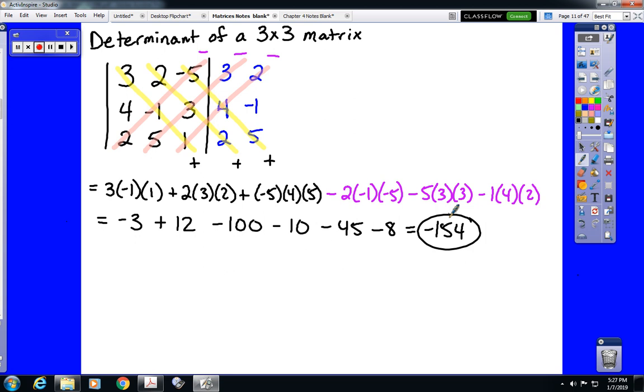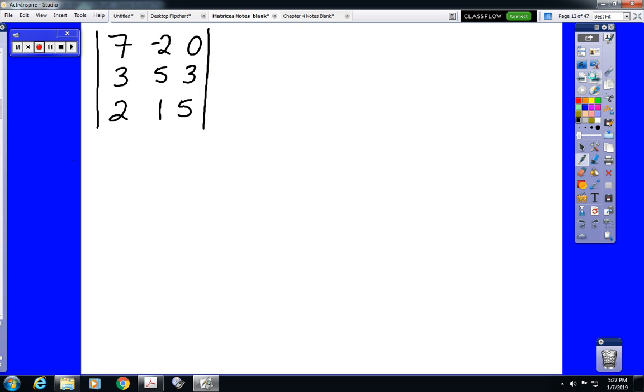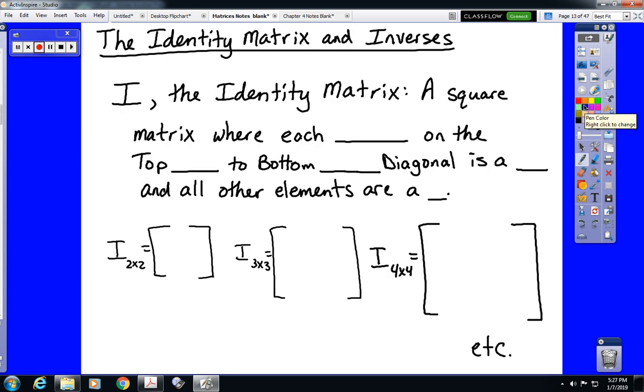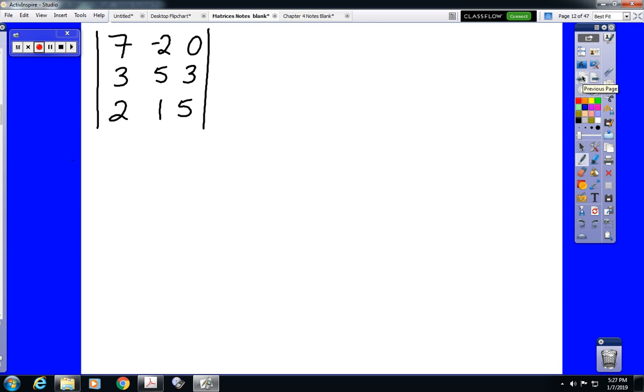So let's do another example of this. Here is a second matrix. We're going to do the same thing. We are going to duplicate the first two columns, 7, 3, 2, -2, 5, 1. Then we're going to grab our three positive diagonals.